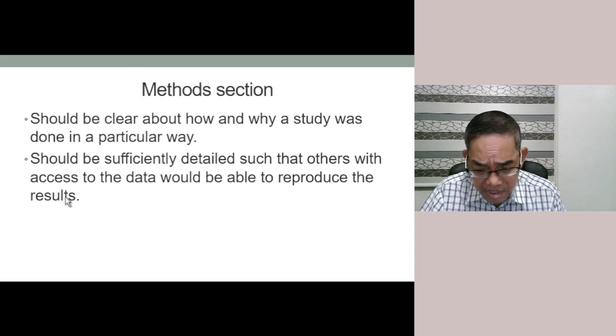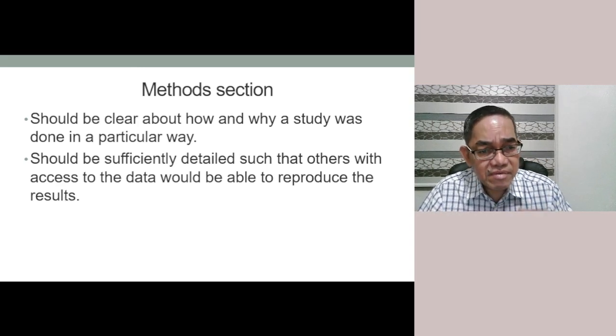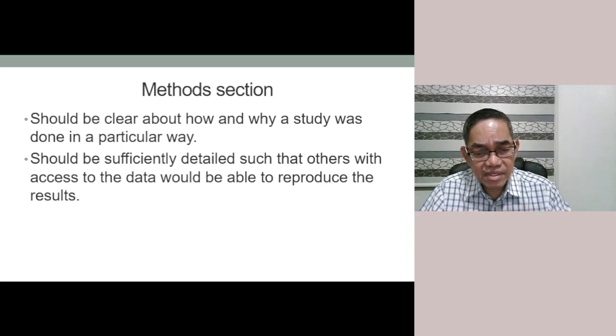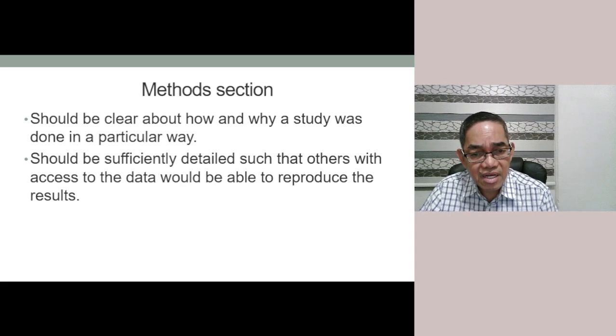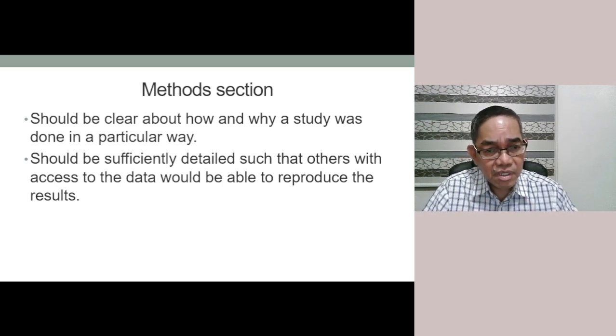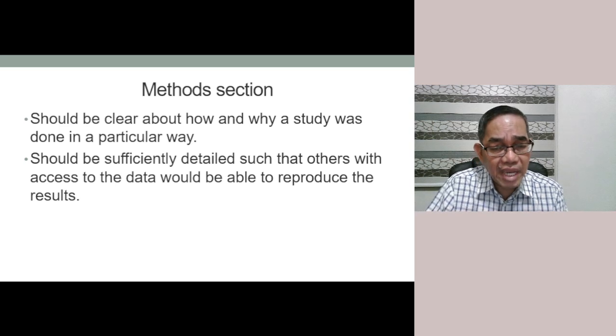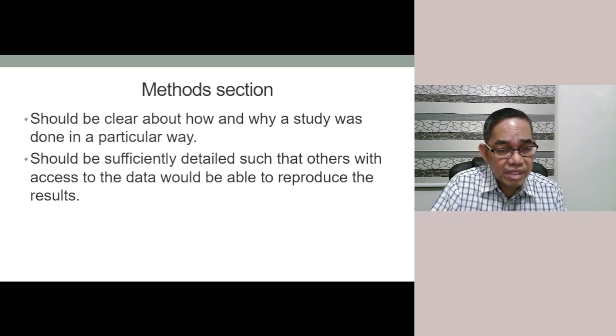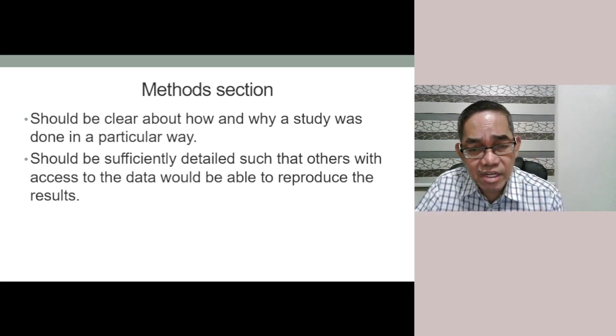And the methodology should be written with sufficient details such that others with access to the data would be able to reproduce the results.